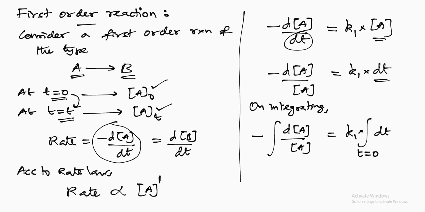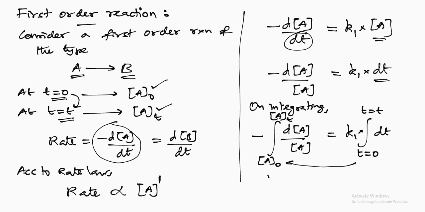Initial time 0 and final time is time t. When time is 0, the concentration of the reactant is A naught. At time t, the concentration of the reactant is At. A naught is the initial concentration of the reactant. At is the concentration of the reactant at time t, the remaining concentration actually.